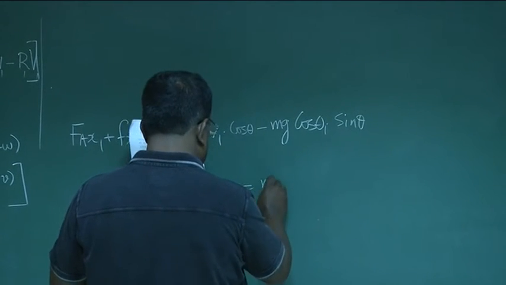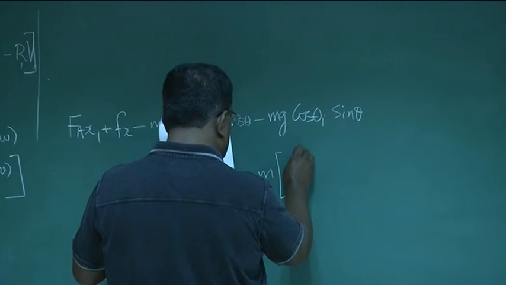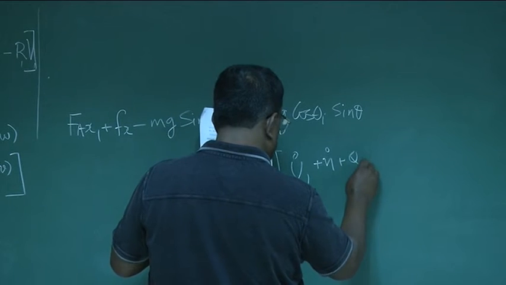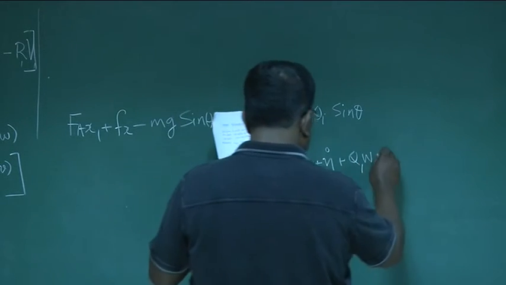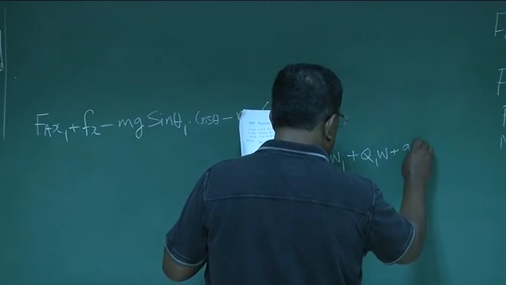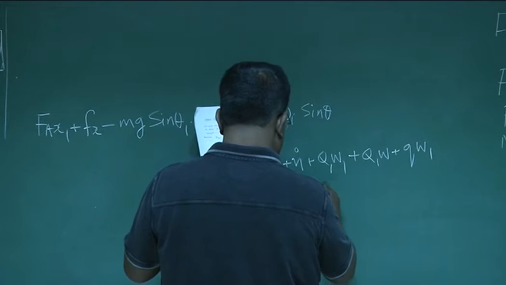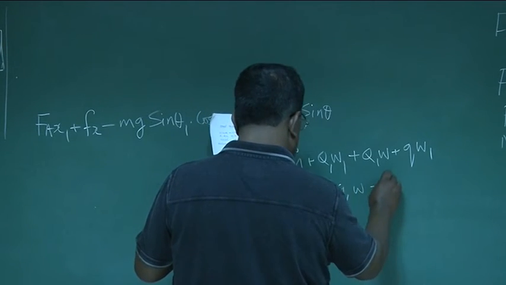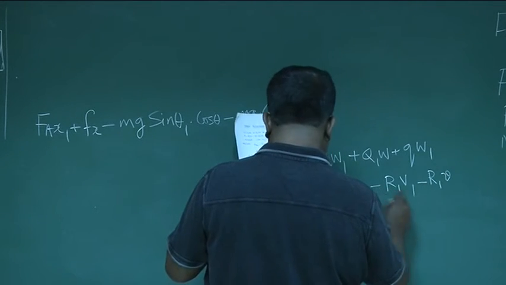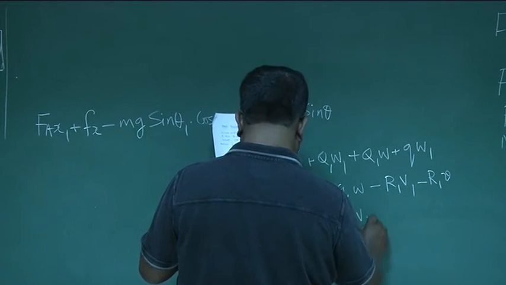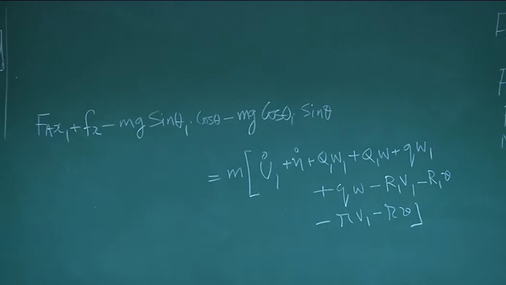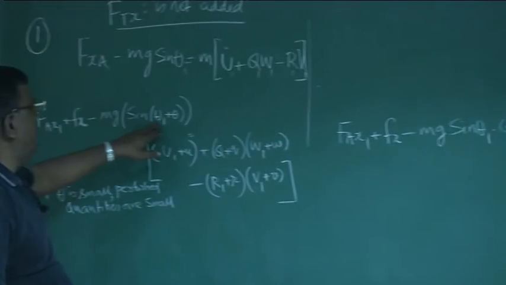This is equal to m times u1 dot plus u dot plus q1 w1 plus q1 w plus q w1 plus q w, minus r1 v1 minus r1 v minus r v1 minus r v. You could check yourself. This is sine of theta 1 plus theta.